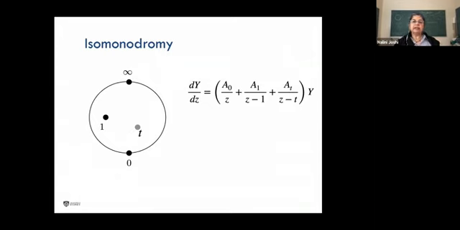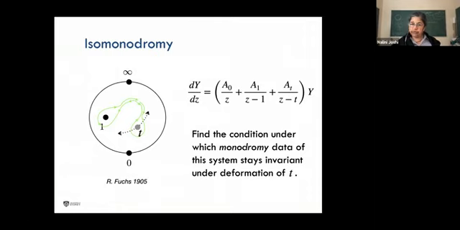And if you let the position of that 4th one be some parameter that's called t in this case, then you can ask the question, if I allow t to move around in the complex plane, and I've mapped the complex plane into the Riemann sphere here, for what conditions on these coefficients of the system of equations you see in front of you are the monodromy data kept invariant?